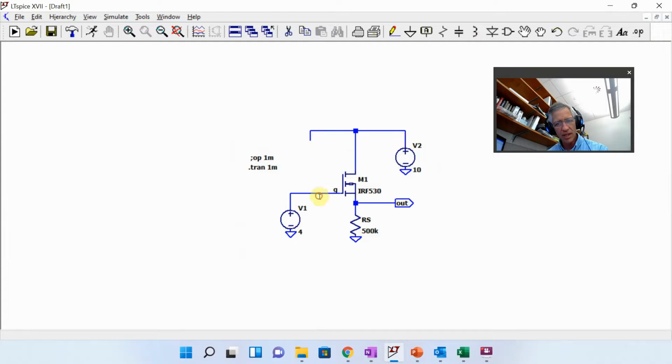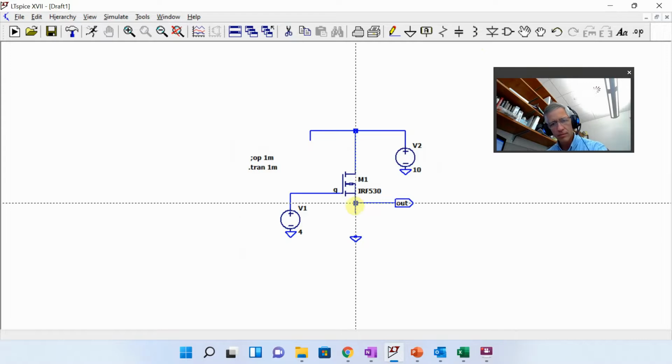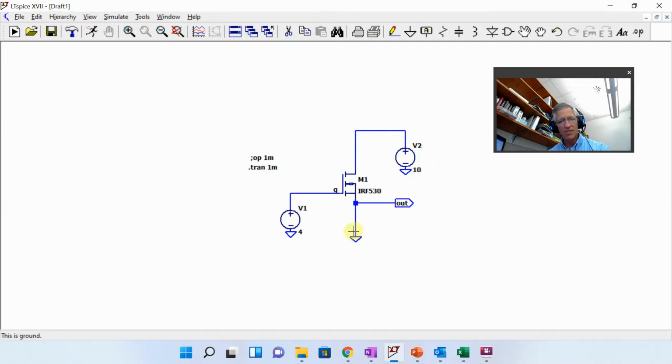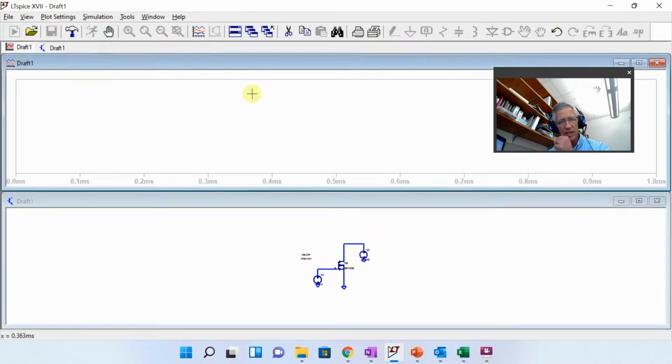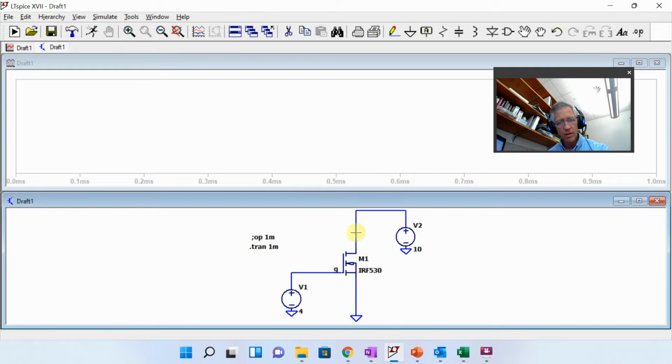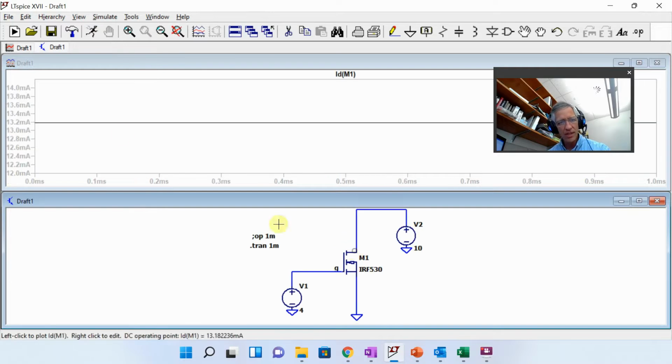Let's delete this for now. Okay, so now my source is 0 and I'm putting in 4 volts. So I run this and you see that it has 13.2 milliamps. So at any current less than 13.2 milliamps, it's actually in cutoff.